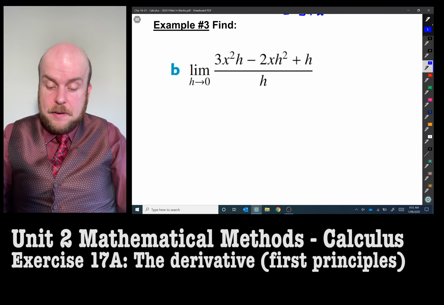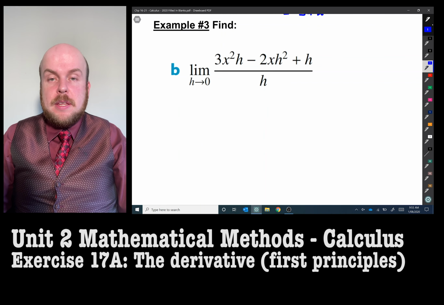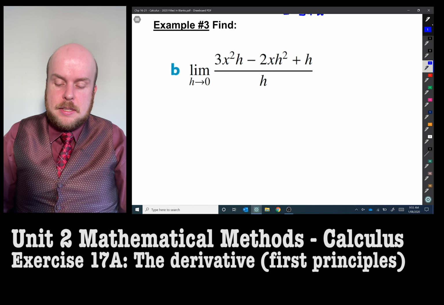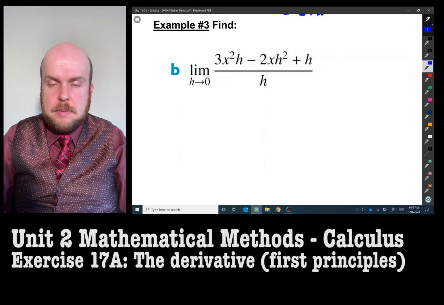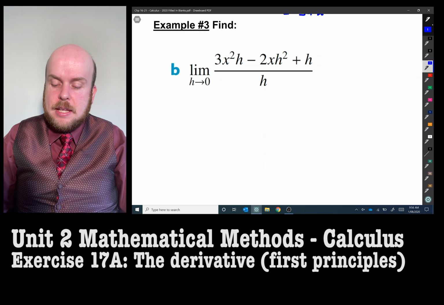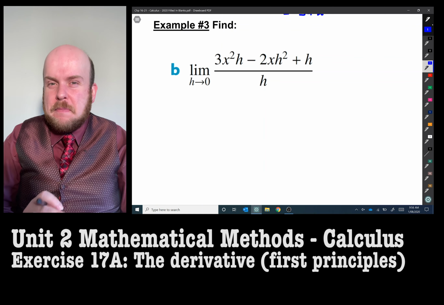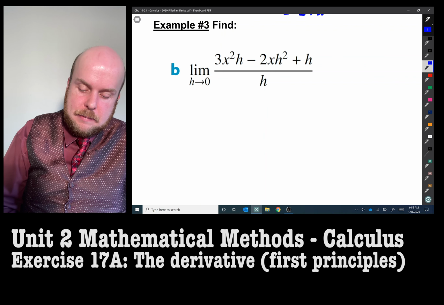Example 3: find the limit as h approaches 0 of this nonsense. One of the things that is very helpful to know if you're doing something wrong is that if you get to this step in any of the calculations that we do and everything in the top row has an h in it, then you know you're fine. That bit of wisdom may not make sense until we do another one of these examples.